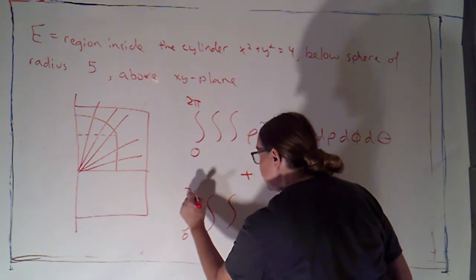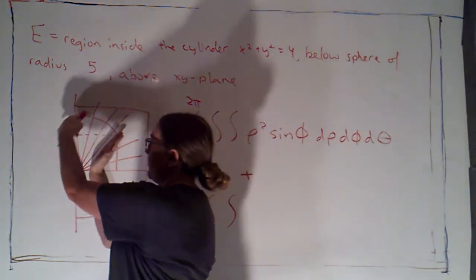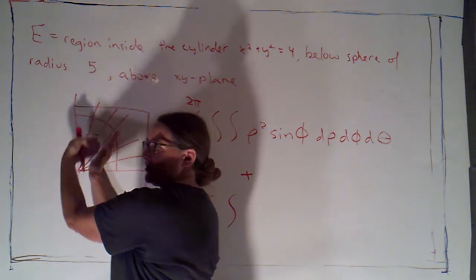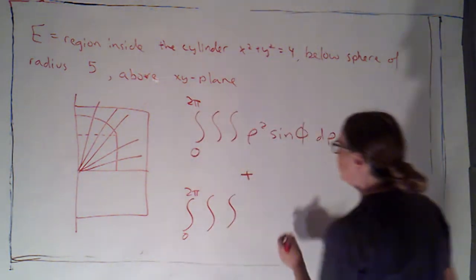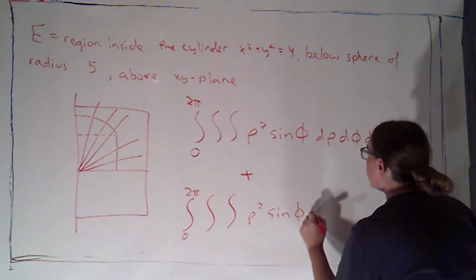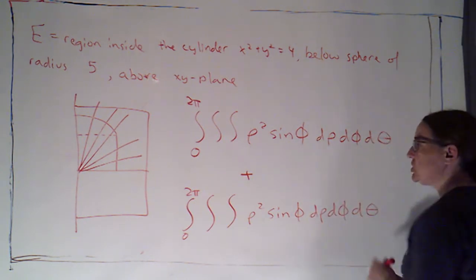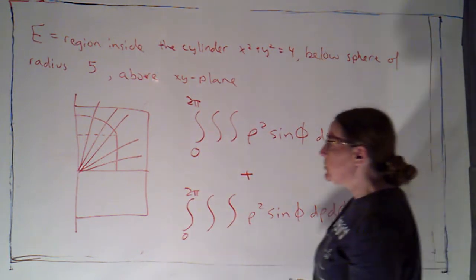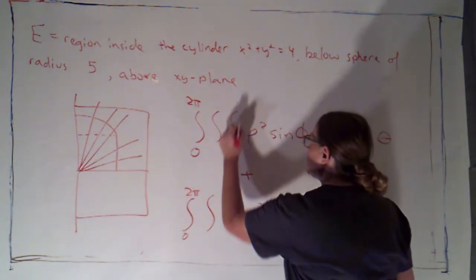Now for both, theta is still going to go from 0 to 2 pi, because this portion, I get what I would have if it were rotated all the way around, and this portion gets rotated all the way around. Okay. But my limits of integration are going to change for rho. So I'm able to see that rho goes from 0 to 5 initially.